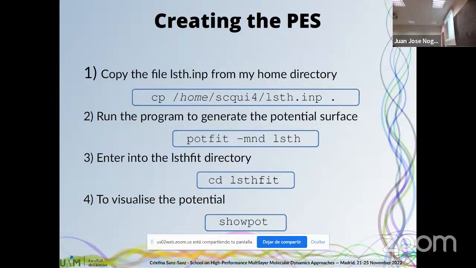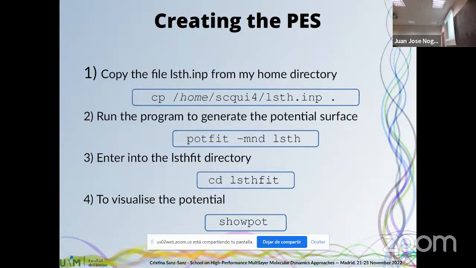So I'm going to connect. I'm number 4, and then I go to the folder. If I run showpot, what I get is what you have on the screen there.